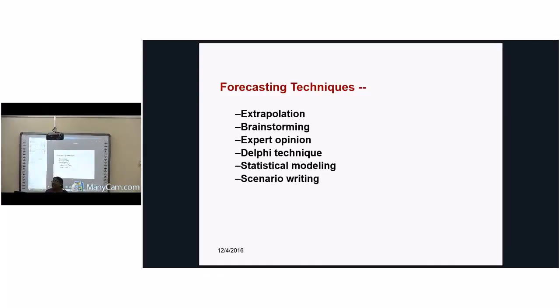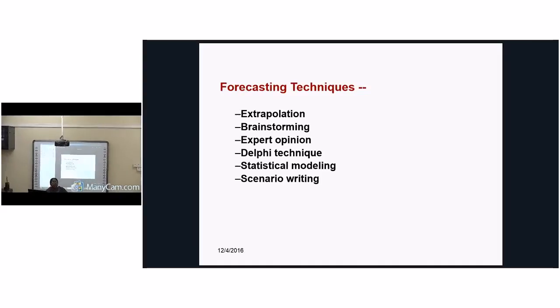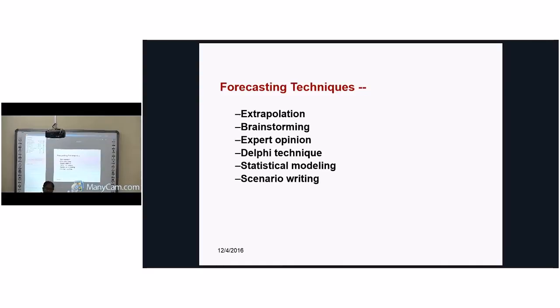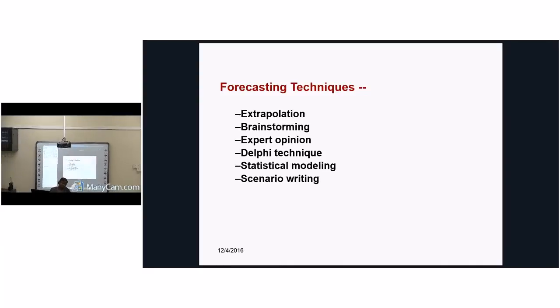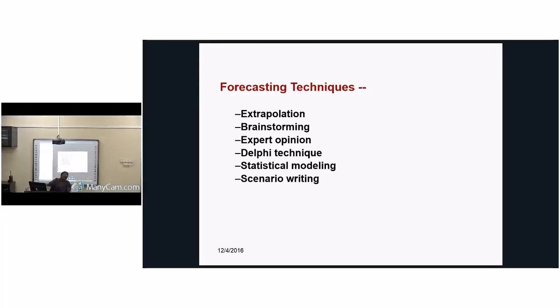Another one is using statistical models. You can have trend analysis. You can do certain structural equation modeling to forecast how these factors behave in future. And scenario writing is another technique. You write different scenarios relating to each factor. For example, during 1978, economic factors behaved in this way. After 5 years, the same scenario happened.